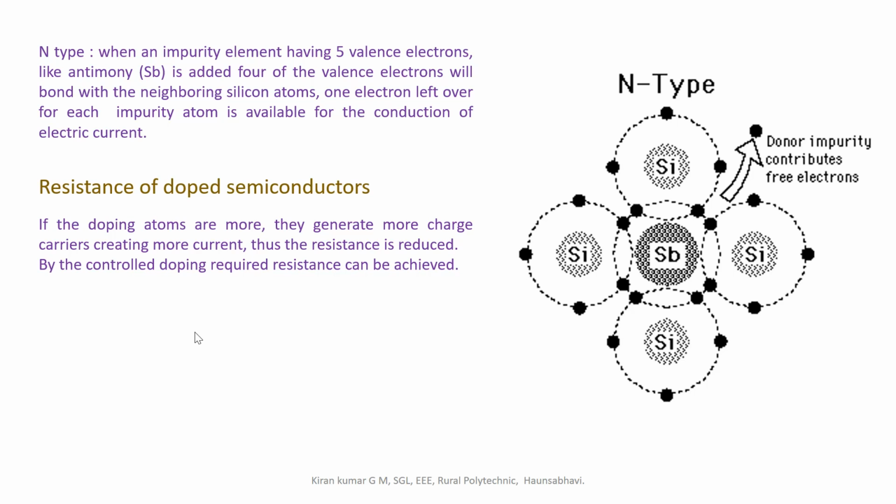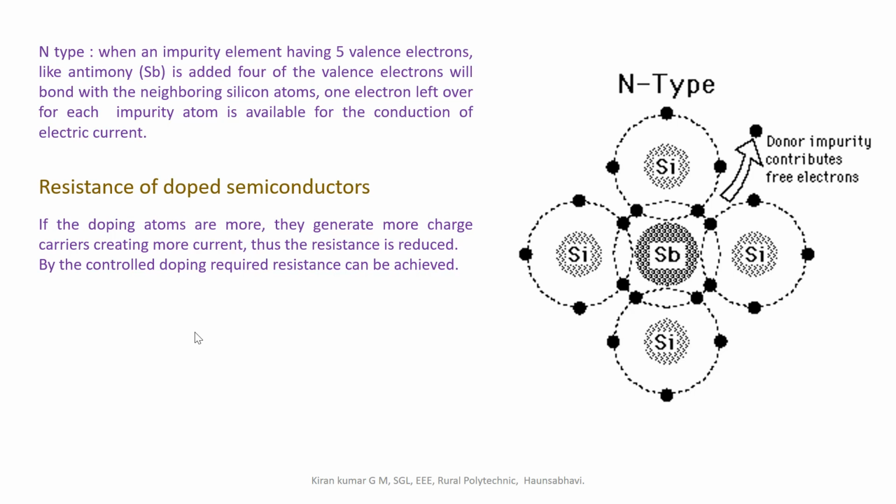A hole is always called a charge carrier. And in the case of an n-type semiconductor, it's a free electron which is moving, and a free electron is called the charge carrier.